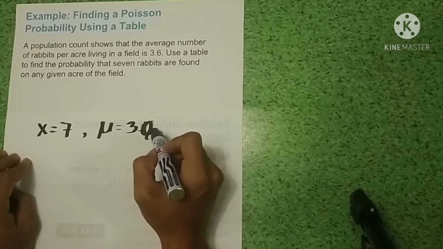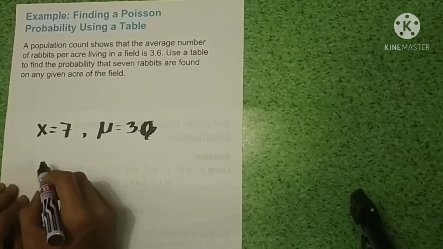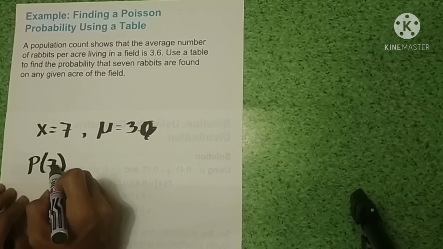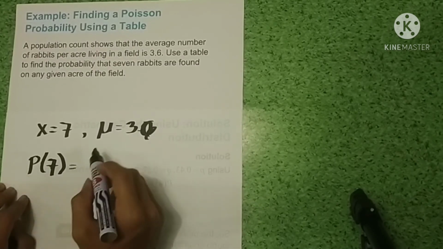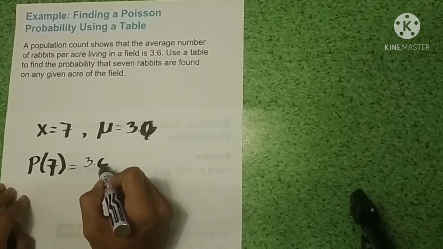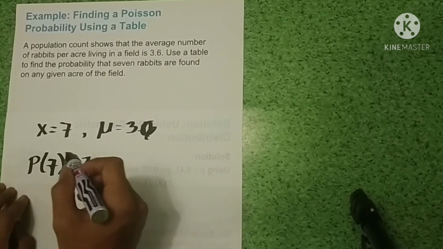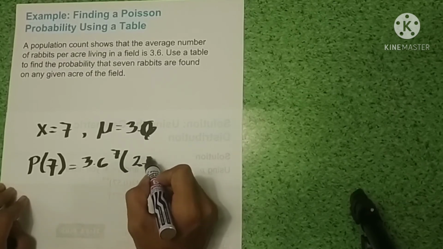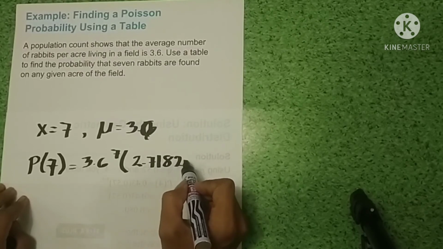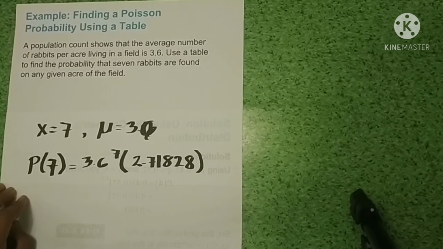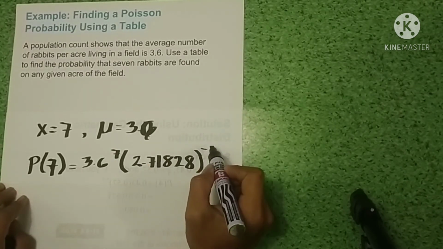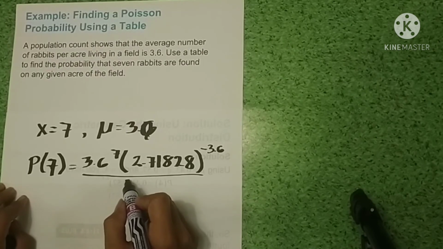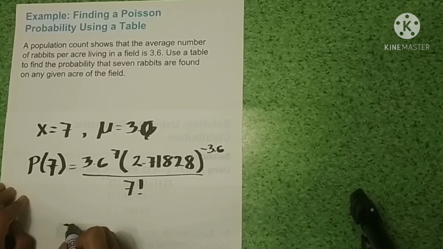So P of 7 is equal to mu, which is 3.6, raised to the power of 7, times 2.71828 to the power of negative 3.6, over 7 factorial.